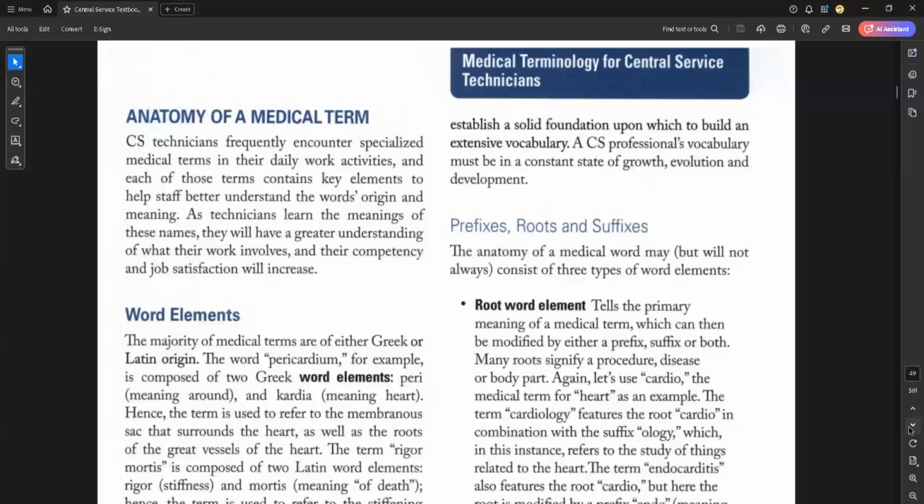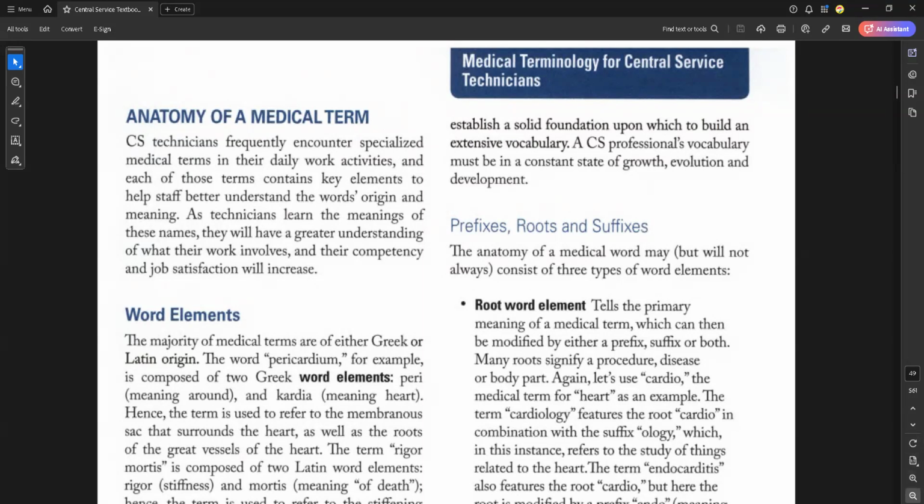Now, let me begin from some history. Most of these things come from Greek and Latin. In English, some of the words you speak have their origin from Greek or Latin. So word elements or medical terms in the medical field also have some of these things.